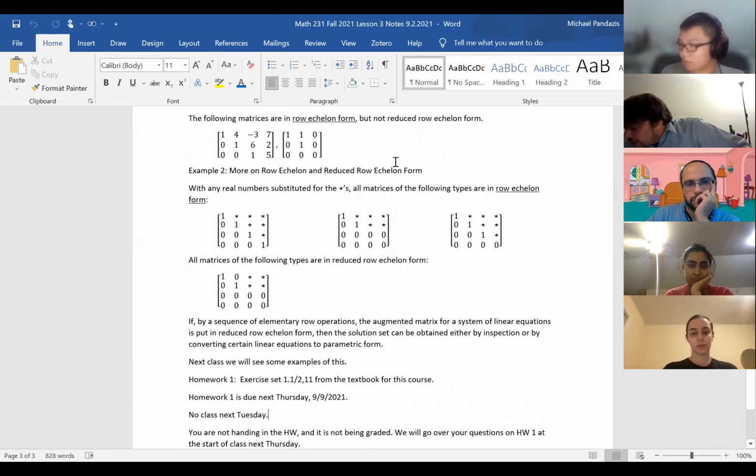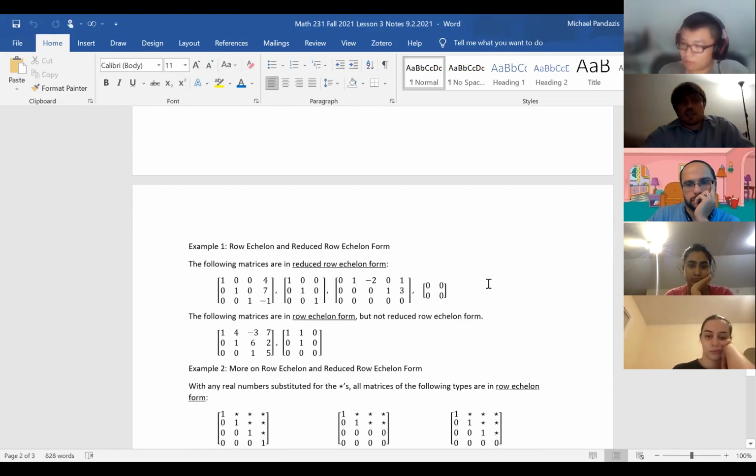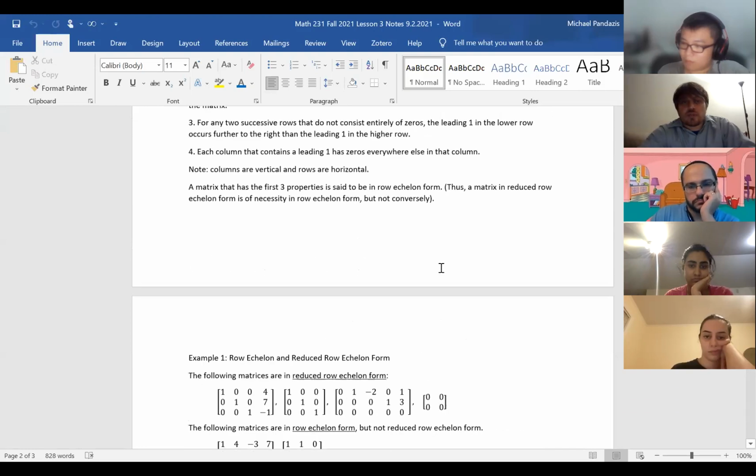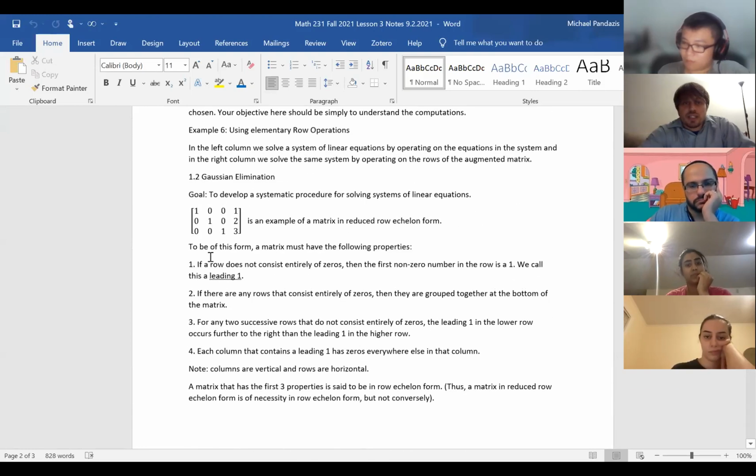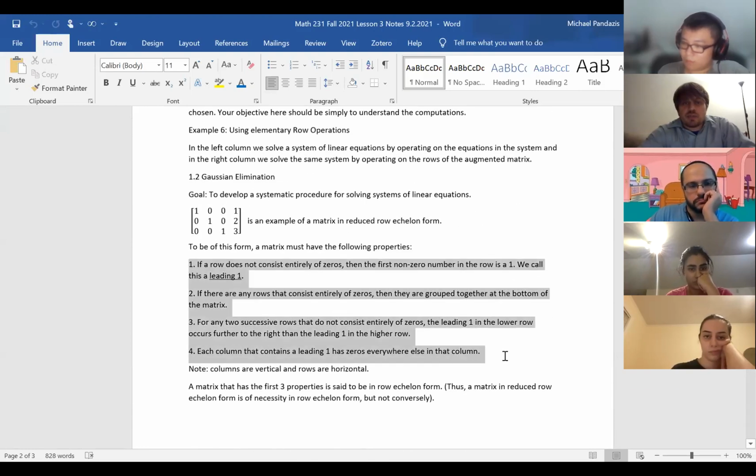So if a matrix has these 4 properties, it's in reduced row echelon form, and if it has only the first 3 properties, it's in row echelon form.